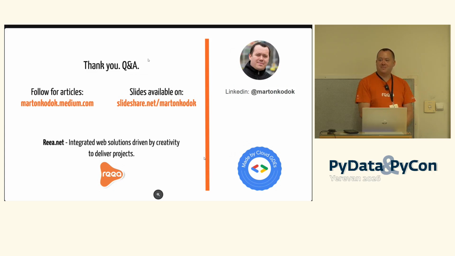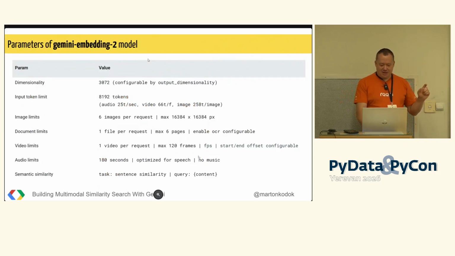Yes? If you have a static database, wouldn't it be better to change the images to text first and use that for similarity search than just... Very great question. An image is only 258 tokens. A single image. You can put in 258 tokens a lot more than text.